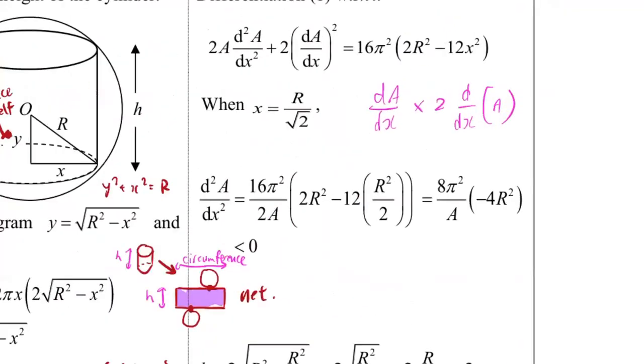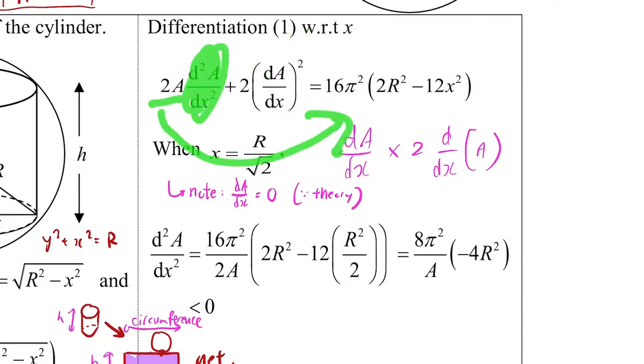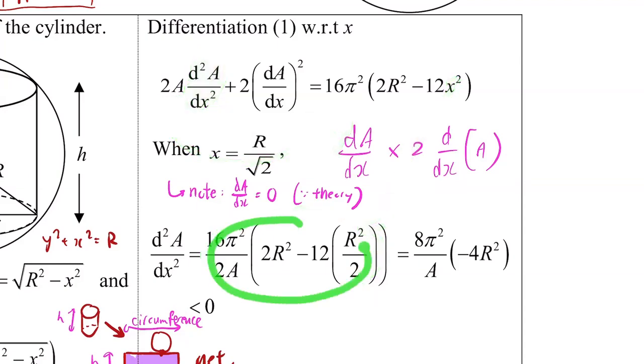So after you sub in, just note that dA by dx must be equal to 0 because of theory, right? Stationary points. So this becomes 0. That's why you can just solve for d2a by dx squared easily by dividing by 2a, which is what they got over here, right? And they replace the x with r over square root 2. Okay, then they simplify this into this.